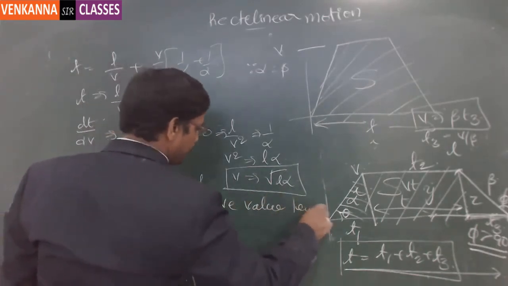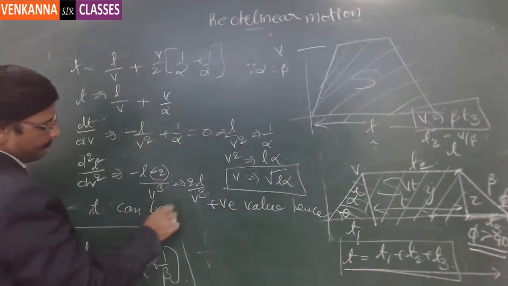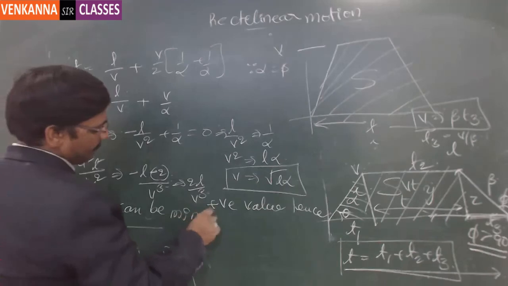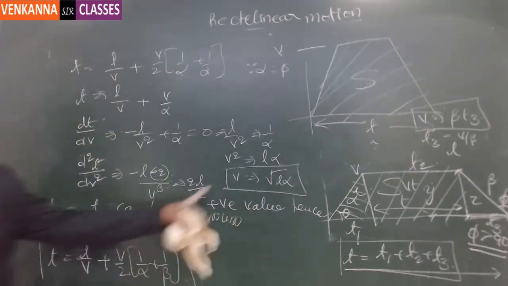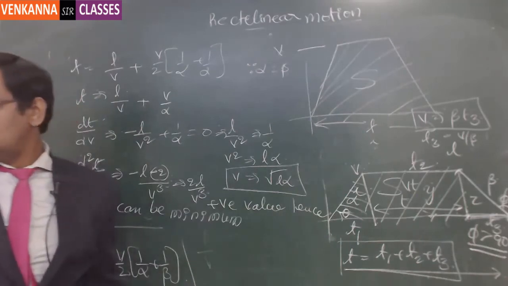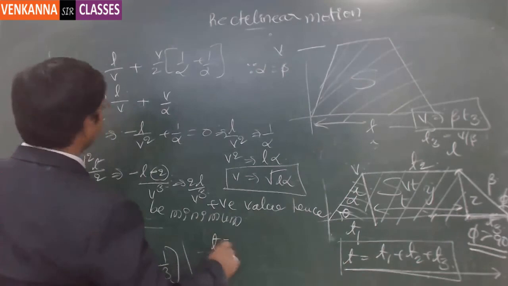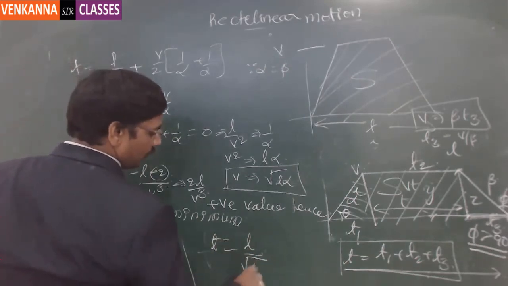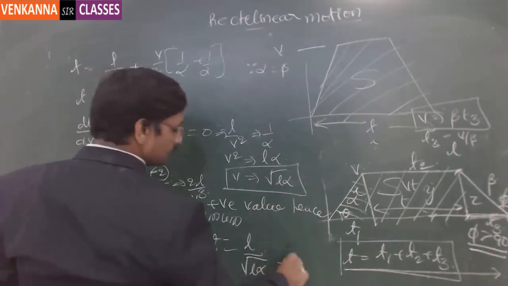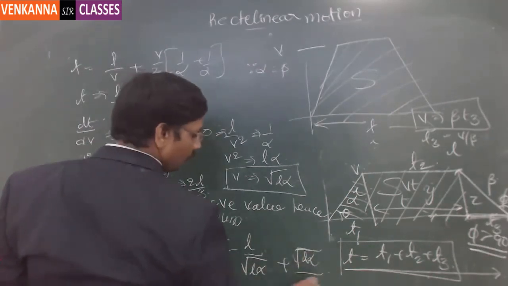Hence, T can be minimum. So the minimum value you can find out from the relation of V is equal to square root of L alpha. If you replace it here, T is equal to L divided by square root of L alpha plus square root of L alpha divided by alpha.